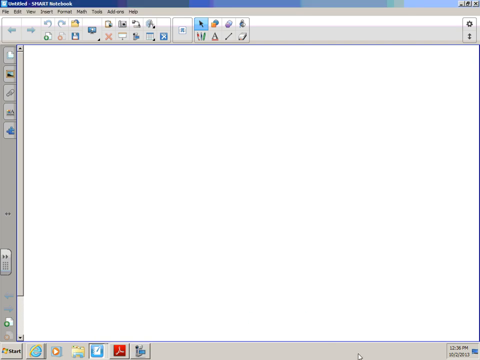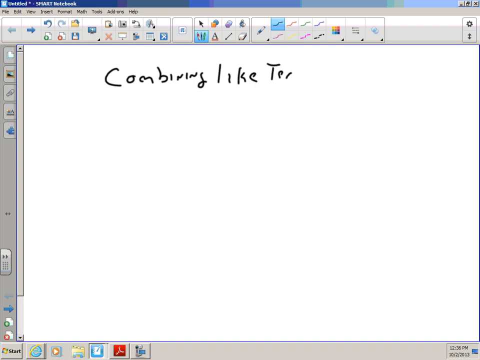The topic we want to cover today is combining like terms, which also covers the concept of adding and subtracting polynomials. So the first thing we want to make sure we understand is, what does it mean to have like terms?